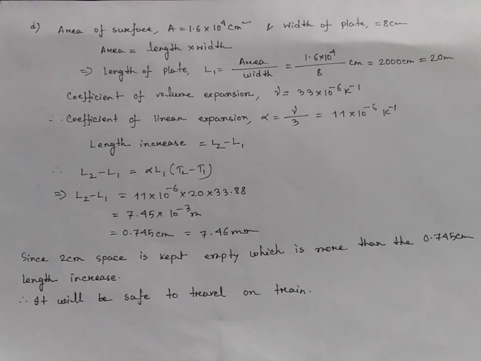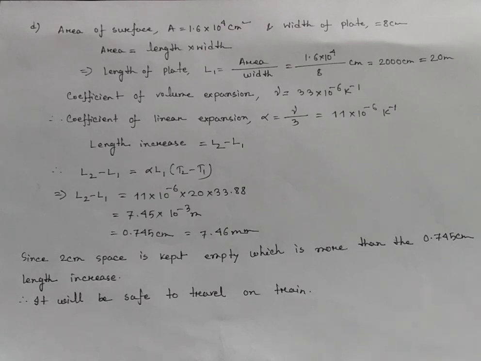By dividing the volume expansion coefficient by 3, we get the coefficient of linear expansion, and that will be 11 × 10^-6 per Kelvin.